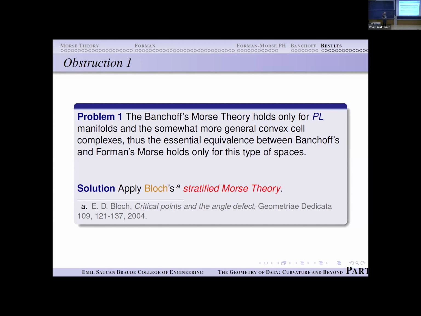And there is a way of doing it, however, to extend Banchoff's Morse theory to more general cases, in spirit similar to Banchoff, but for a more general class of spaces. And this is what is called Bloch's stratified Morse theory. So I won't get into it at all for now. I thought about it, but it's rather technical.